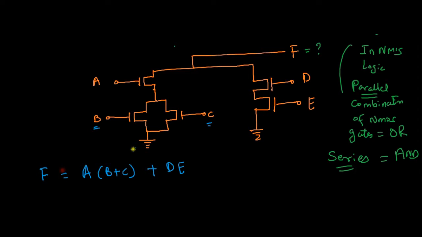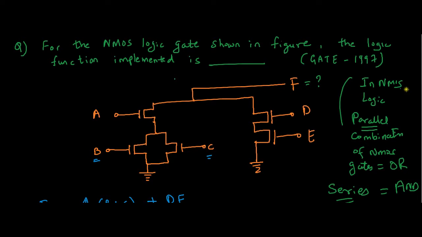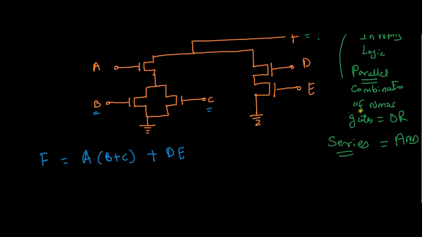But whatever the NMOS logic gate implements will be the negation of this combination, because eventually these NMOS transistors connect the output to ground if they are logic high. So it is important to use this negate function. This is the logic gate function implemented by this circuit.